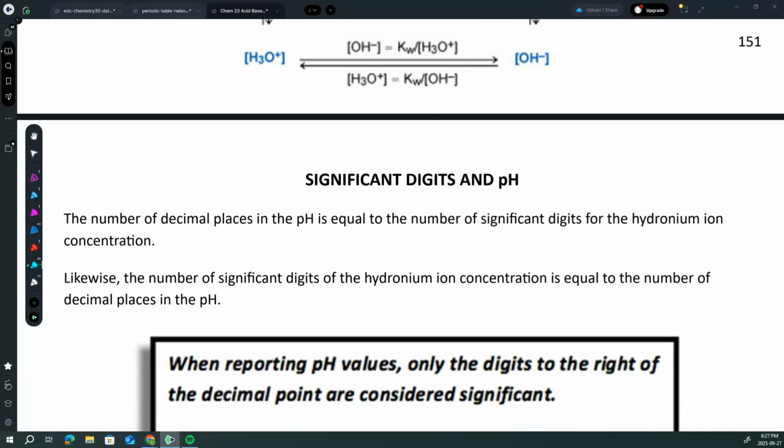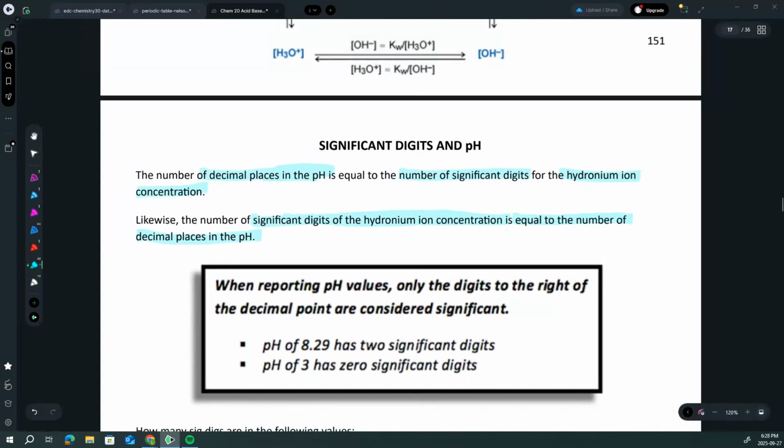The number of decimal places in pH is going to be equal to the number of significant digits for the hydronium ion concentration. Likewise, the number of significant digits of the hydronium ion concentration is going to be equal to the number of decimal places in pH.